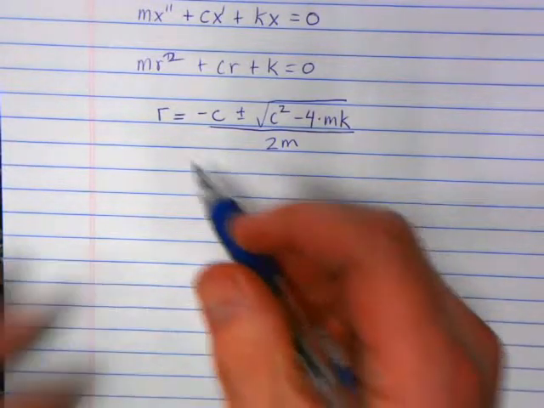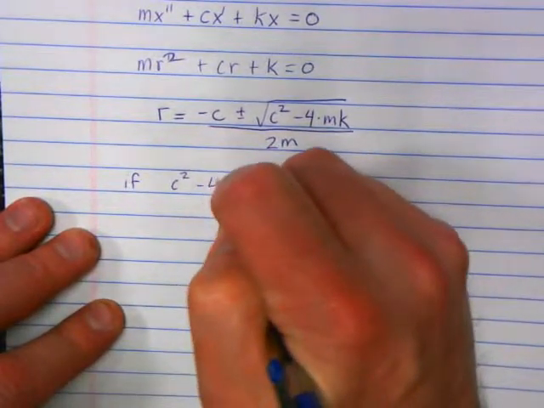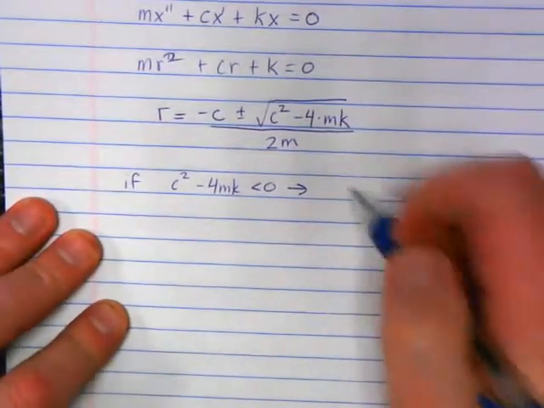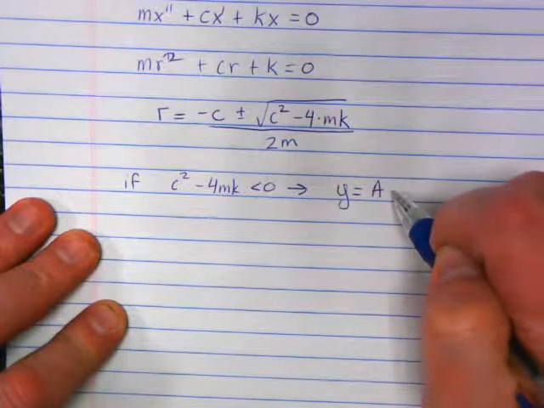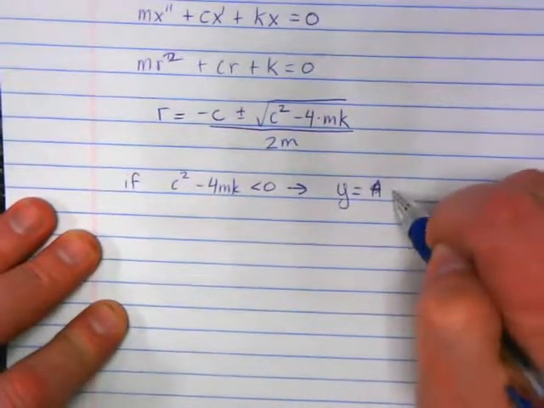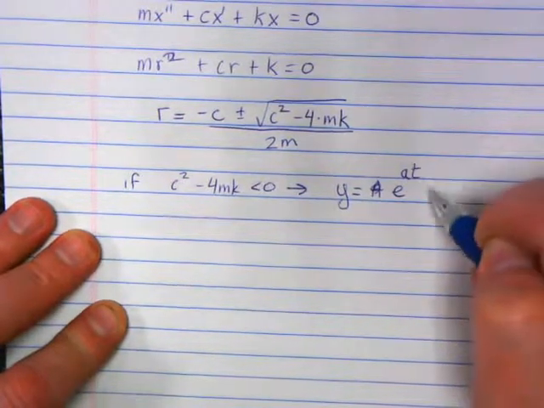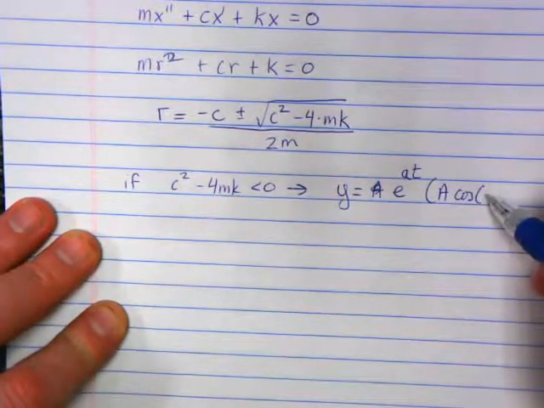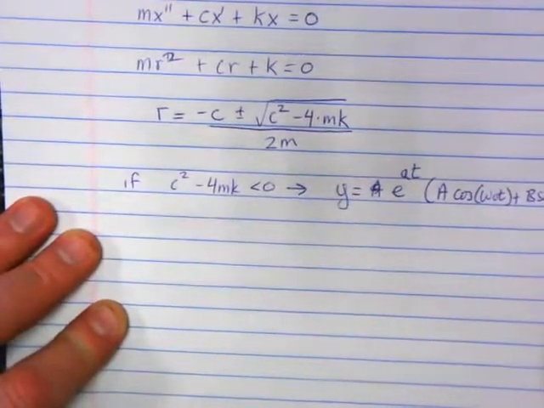If c squared minus 4mk is less than 0, then your answer is going to look like y equals e to the at times a cosine omega naught t plus b sine omega naught t.